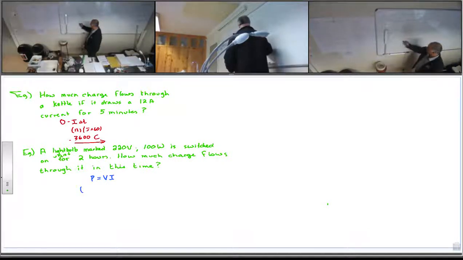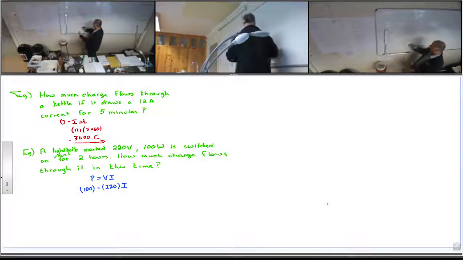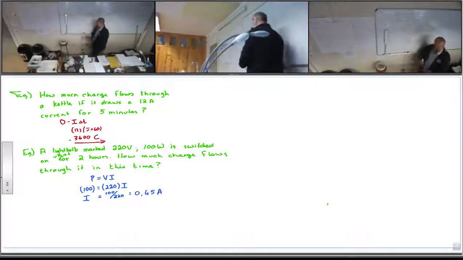So you're saying P is 100, V is 220, and if you then say I equals 100 over 220, you work out that I equals, what does that come to? 100 over 220 equals 0.45 amperes. All happy with that?